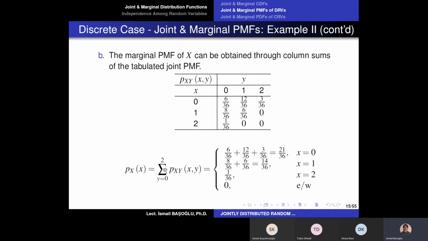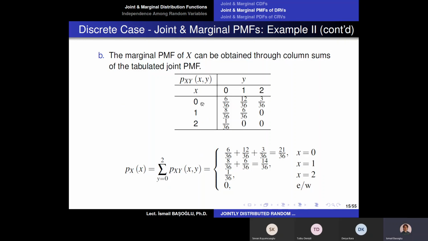So we are basically summing up the joint probability mass values while X is equal to 1 and Y is taking the different possible values that it can take. And the summation done over Y is giving us the marginal probability mass value of X at 1.